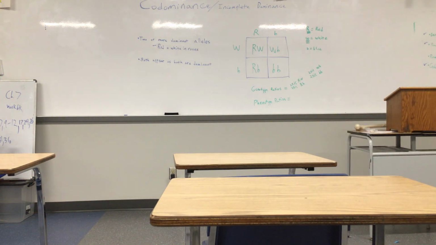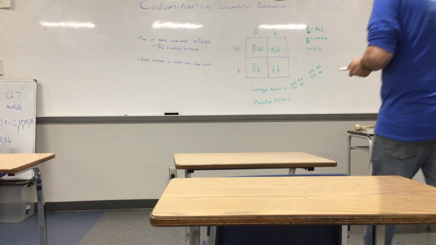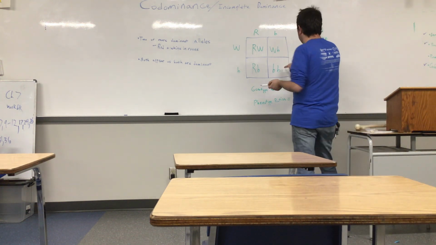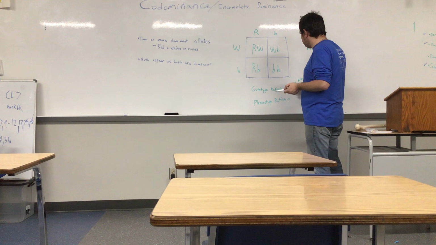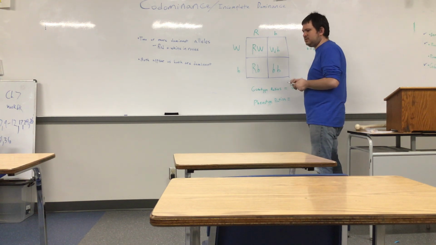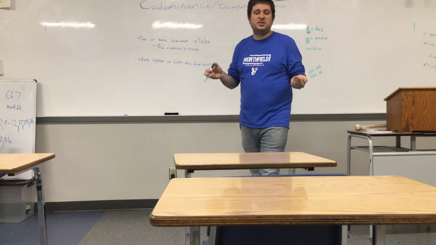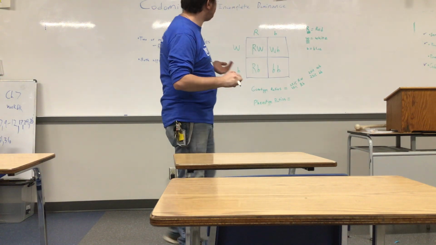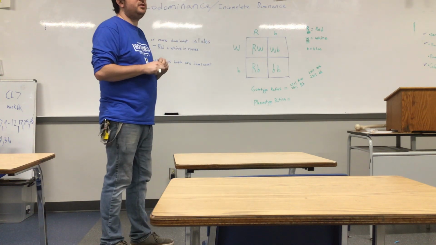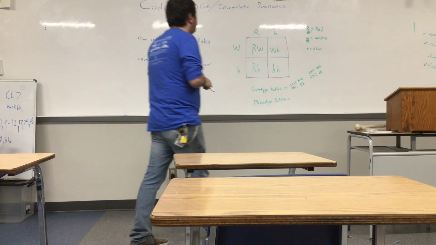So as you can see, since each square is different, each is a different ratio. Each one of them is one square, 1/4, so each of them is 1/4, 25%. As tends to happen with two heterozygous parents and their offspring.